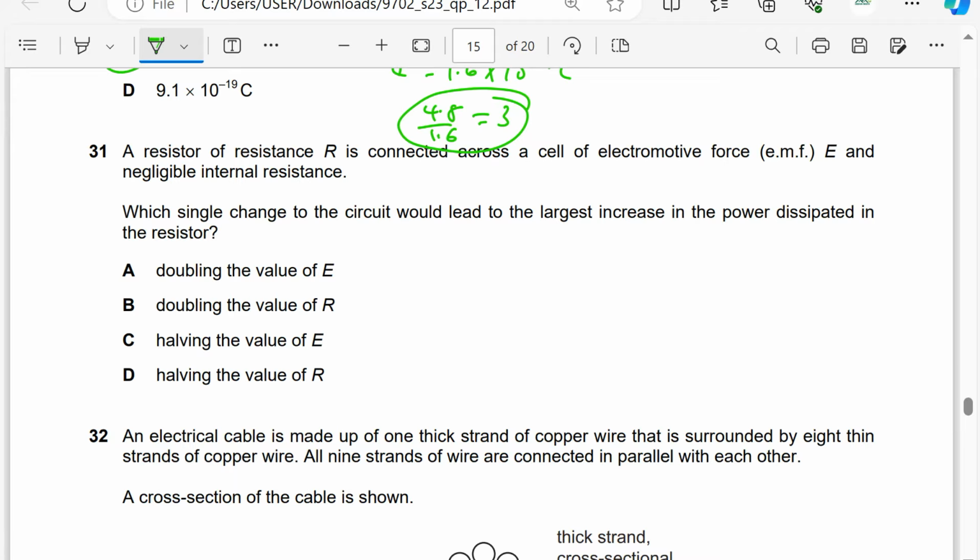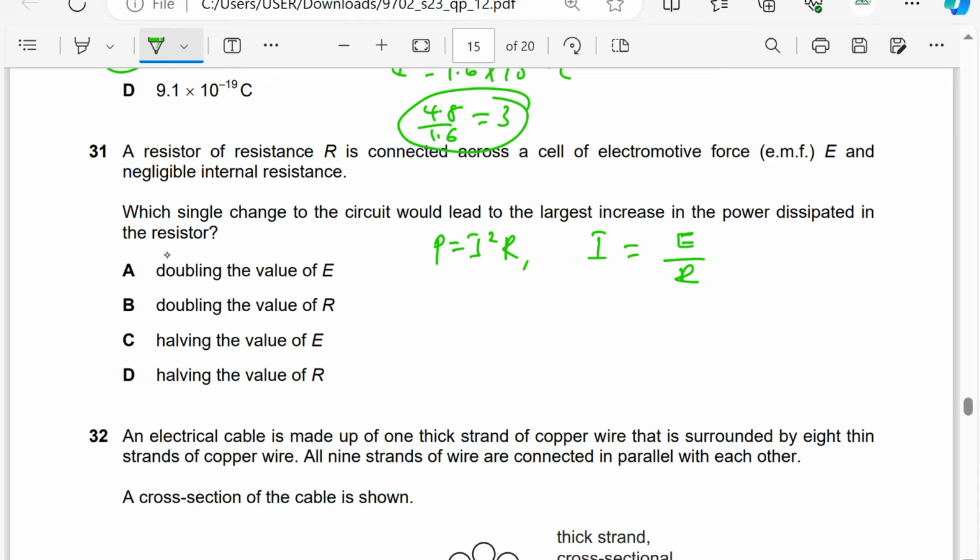A resistor of resistance R is connected across a cell of EMF E and negligible internal resistance. Which single change to the circuit would lead to the largest increase in the power dissipated in the resistor? First of all, we know that power is equal to I squared times R, and the current in a circuit is the EMF divided by the total resistance.